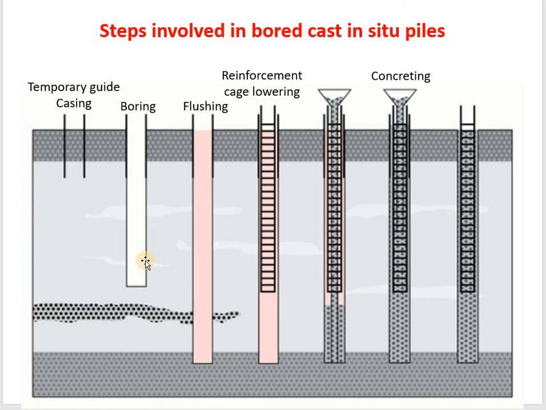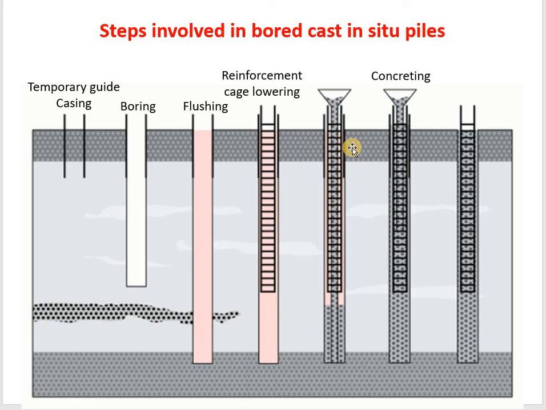After flushing, you start to lower the reinforcement cage, and once the cage is lowered, you start filling the entire borehole with concrete with the help of this tremie pipe. This is the funnel through which the concrete is poured, and these are the tremie pipes. The tremie pipes come in lengths of around 3 meters, and you keep connecting them so you can fill the concrete to greater depths, and as you move up, you can remove the pipes. These are detachable pipes.